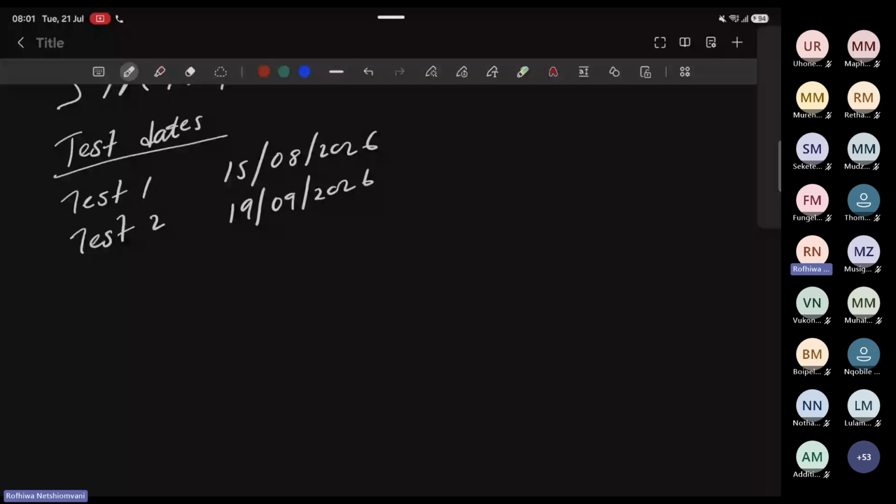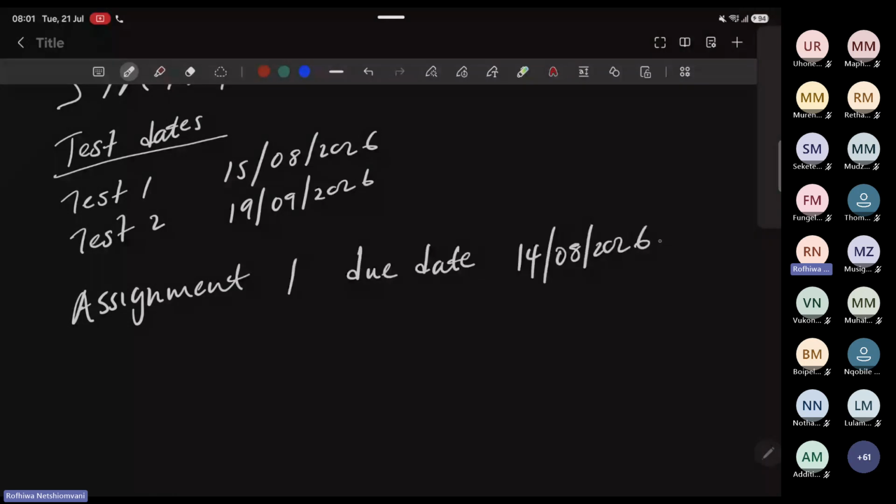So let's say Assignment 1 due date will be 14/08/2026. Yeah, so I will change it on there. Let's just put 14 there instead of 7. So it will be due on the 14th. Therefore, that will be the time that you will submit the assignment.